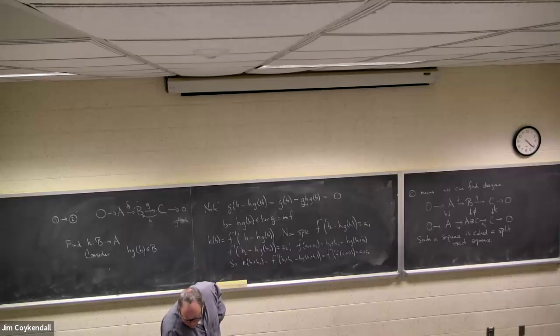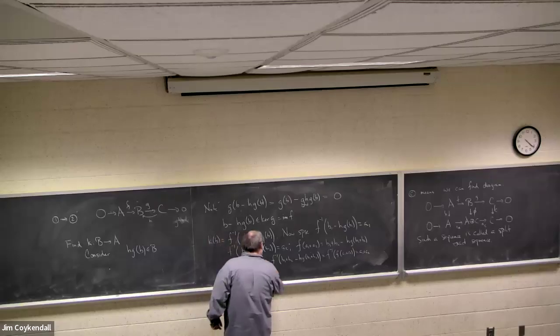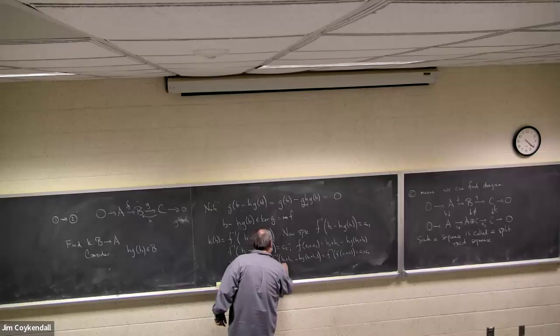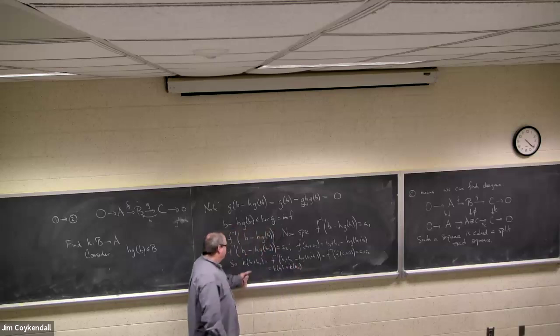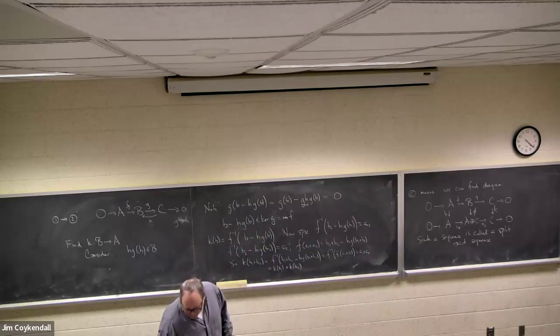And of course, this is K of B1 plus K of B2. So there, this is a homomorphism of the abelian part.